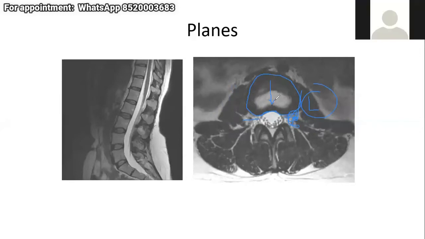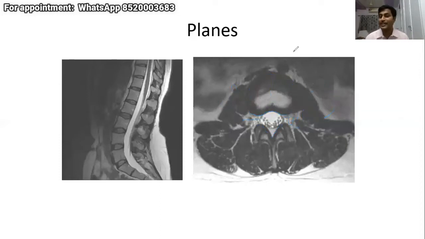One more structure which you have to recognize is, can you see the black structure over here? This black structure is known as the ligamentum flavum. Dr. Sabha, try to draw the ligamentum flavum once again. Each one of you try to identify the ligamentum flavum on your screen.